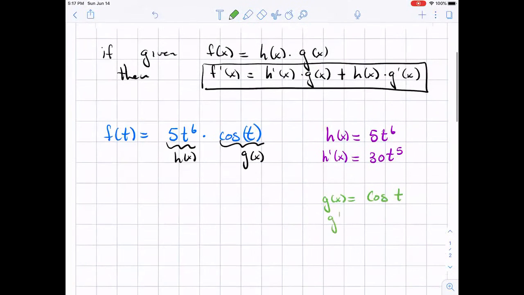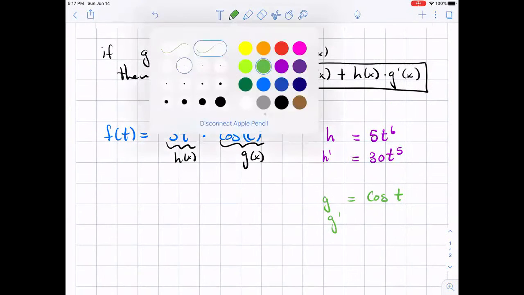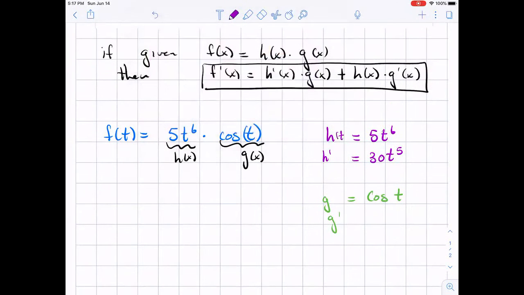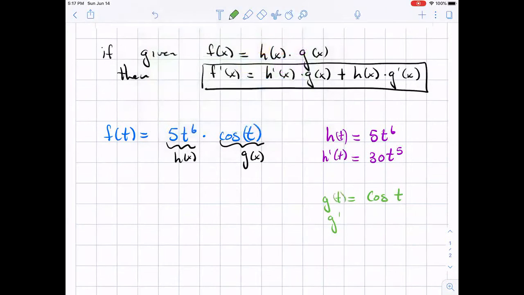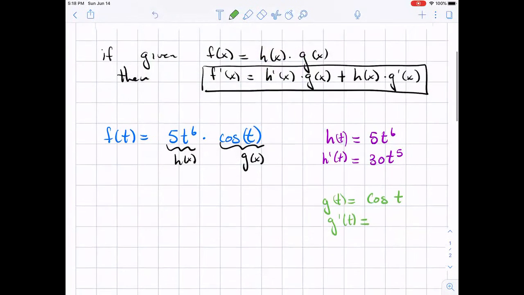So g of t, I keep writing x. So we need to change this. All of these have to be t's. h of t, h prime of t, g of t, g prime of t, and the derivative of cosine of t is minus sine of t.